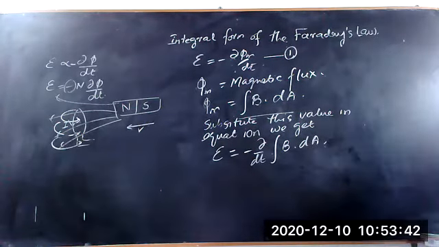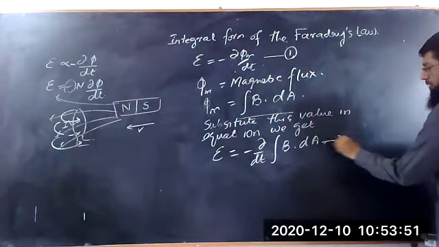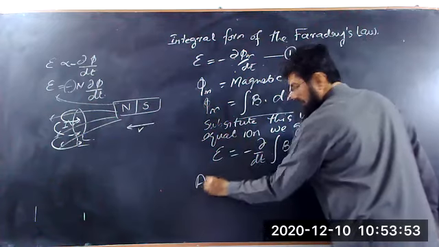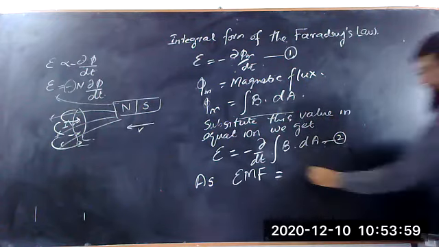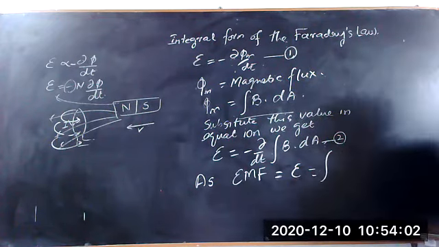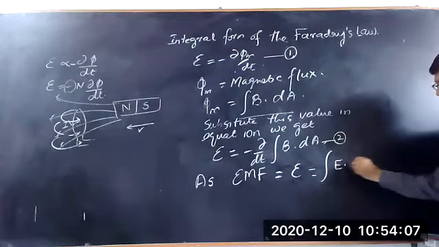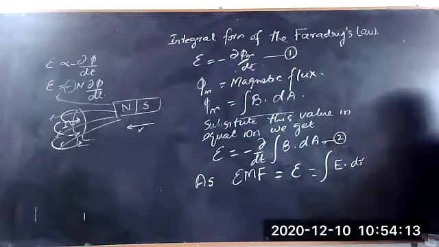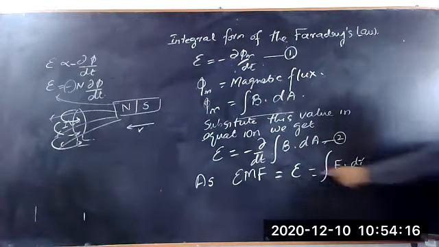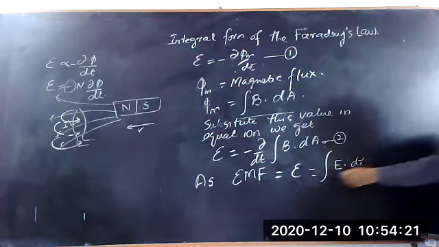But we know that the EMF, let's say this is equation number 2, is equal to the integral of the electric field multiplied by the distance ds. You can also call it dr. So E is equal to electric field into distance. How do we get this formula?